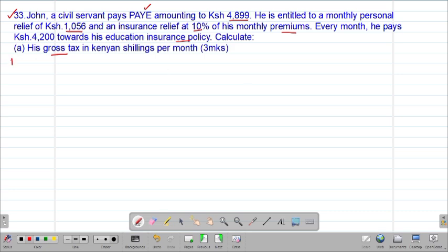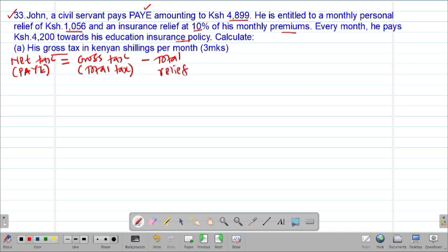So, we know that net tax, also called the PAYE, whenever it is expressed on monthly basis, will always be given by the gross tax, also called the total tax, then less the total relief.